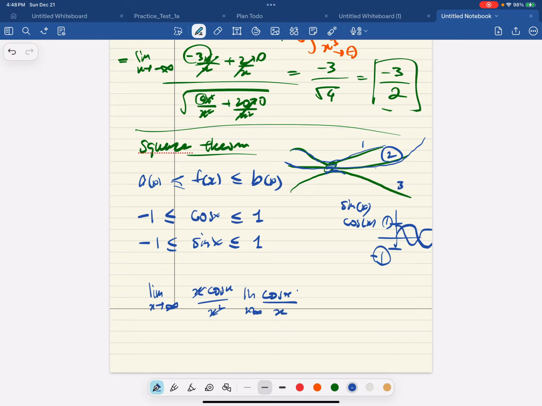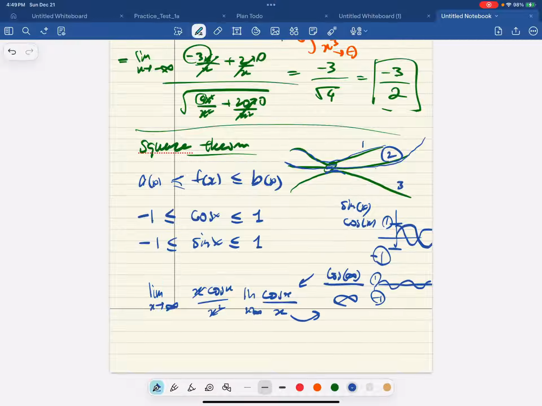What we know is that cos of infinity is a wave. Cosine is a wave, it's not spiky like that. So it's always within minus 1 and 1. The y value is always within 1 and minus 1. So you know that the top is either 1 or minus 1, or somewhere in between. But the bottom, you know that it is a very big number.